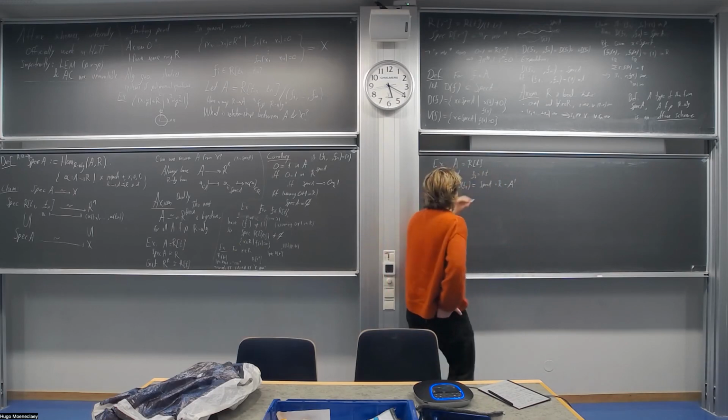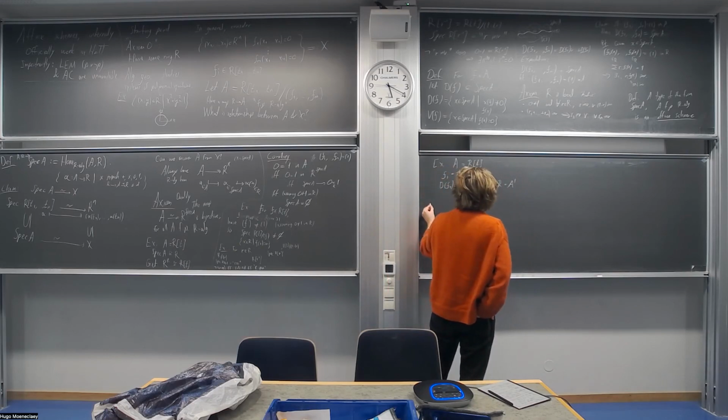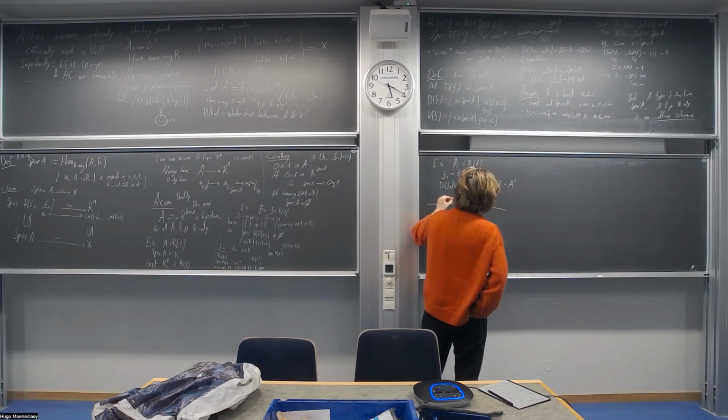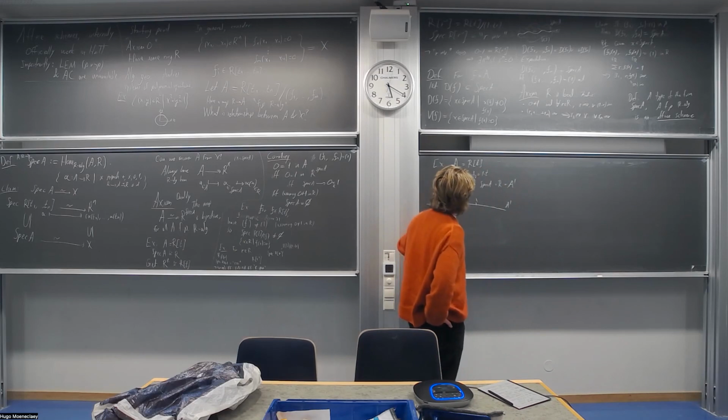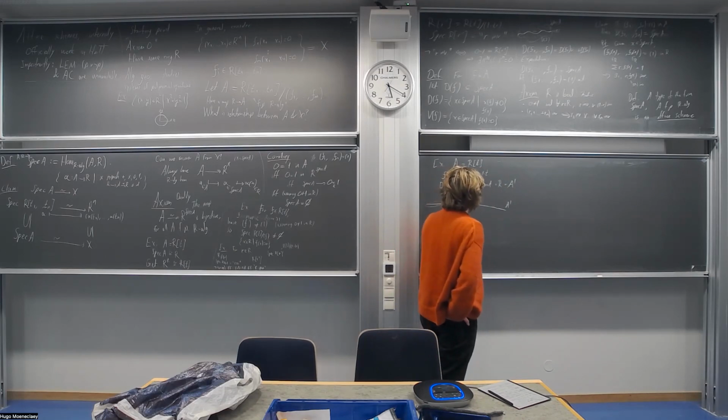So if you look at the line, this is a picture of A1. There's the point 0 and the point 1, and D(f1) is everything except for 0.